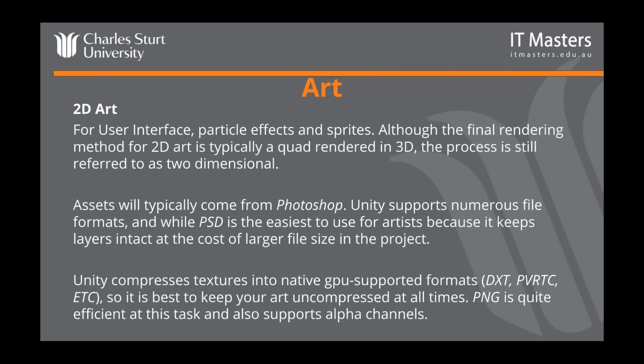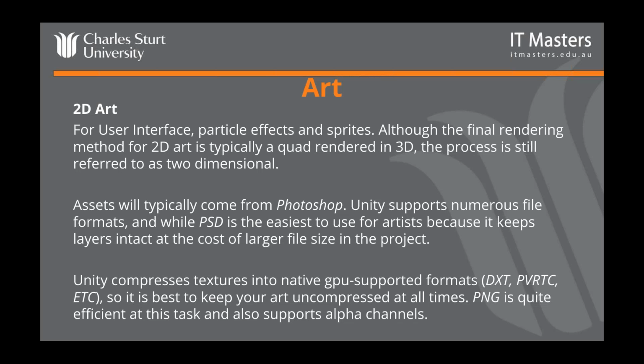So once again, the best format for Unity is typically PNG. I've found that causes the least amount of issues, but it will support everything from TGA. You can also use JPEG, which I don't recommend because JPEGs are pre-compressed and then Unity will attempt to compress them again. With image compression in Unity, it compresses to what would be known as a GPU supported format, such as DirectX or PVRTC or ETC. PVRTC is the format specifically for iPhone.